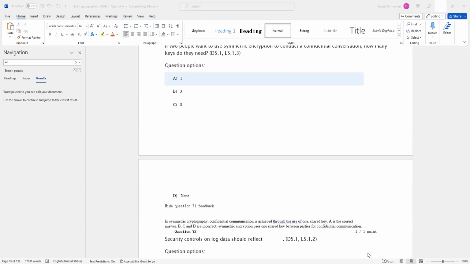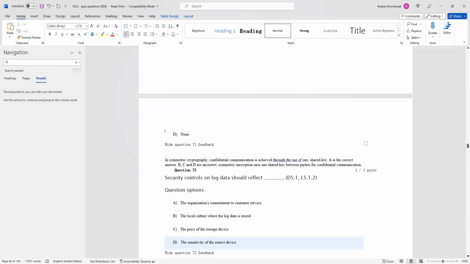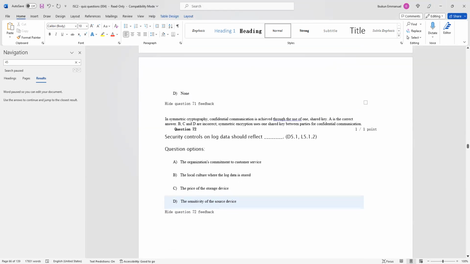Okay, so we've answered that question and just had a further discussion regarding symmetric and asymmetric encryption. Security controls on log data should reflect what? The organization's commitment to customer service, we know that's no. The local culture where the log data is stored, we know that's no. The price of the storage device or the sensitivity of the source device.